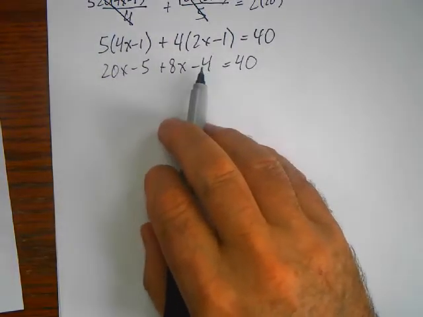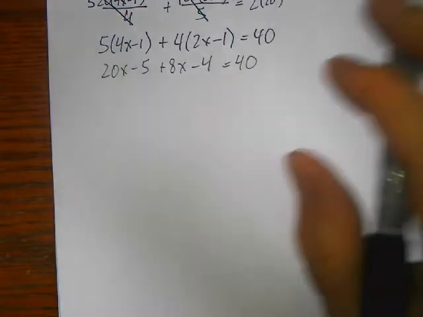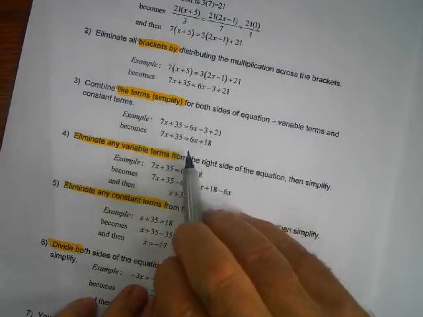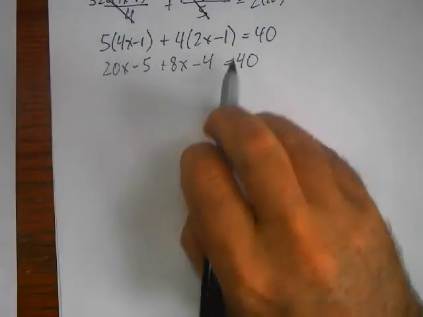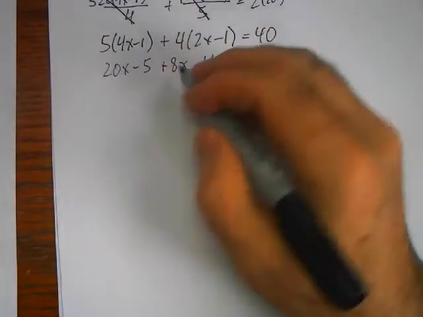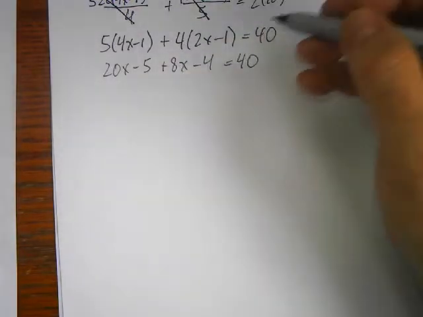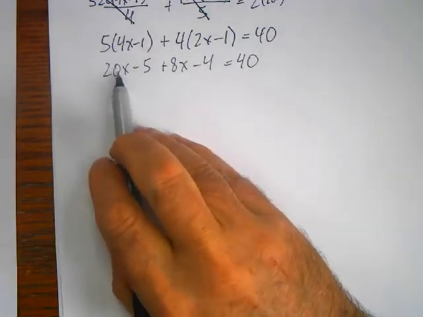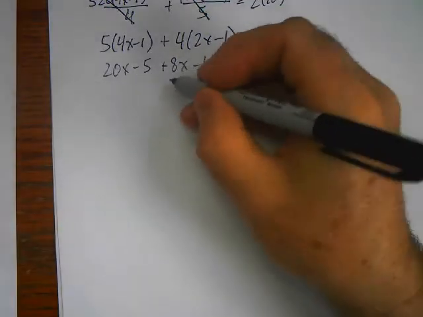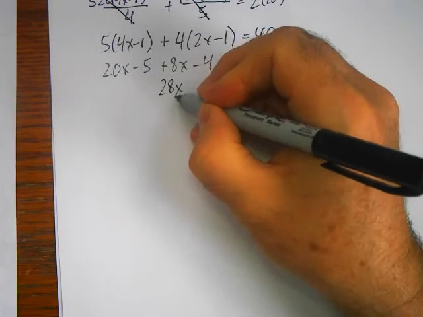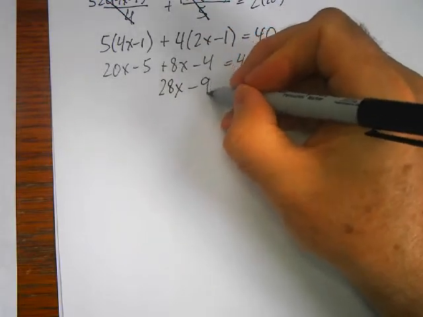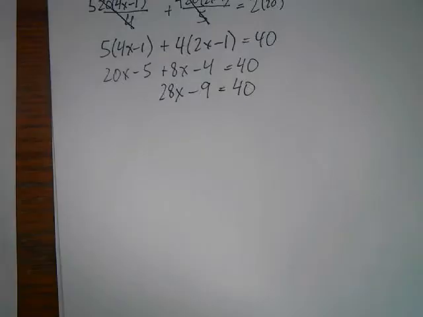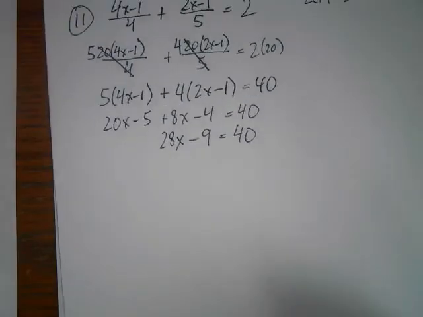This is what I meant by the third step, where you simplify one side. You're not subtracting things from both sides, you're just simplifying. So I've got 28x, and that would be a minus 9 equals 40. And all of a sudden it's looking like this is something we can do now.